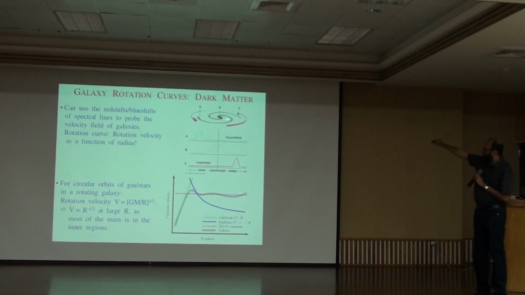Now, if I take a point over here, that's the velocity at this point. The r is the distance from here up to the center of the galaxy. The M is the mass in this small region, the mass interior to that point.